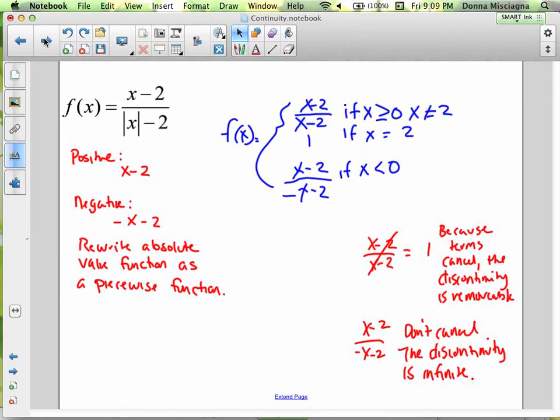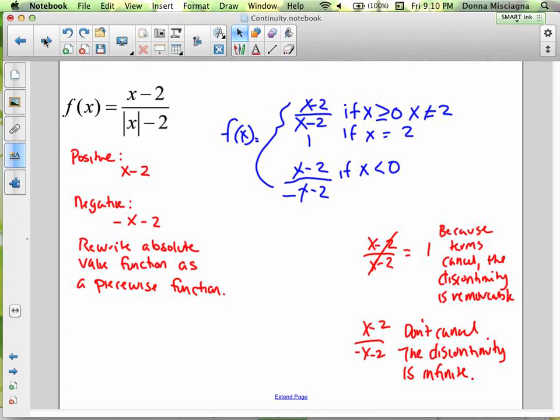So we have x minus 2 divided by x minus 2 if x is greater than or equal to 0, for x not equal to 2, because the x minus 2 and the x minus 2 would cancel, and that would just be 1. That's a horizontal line. So 1 if x is equal to 2.